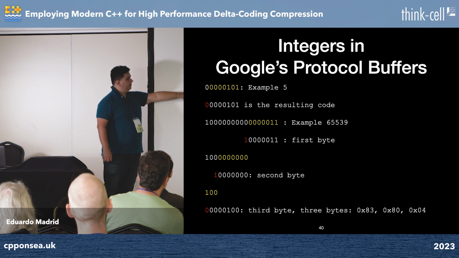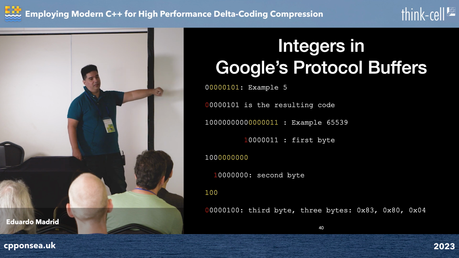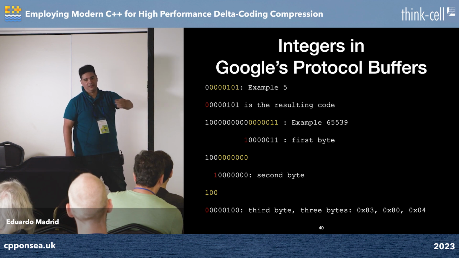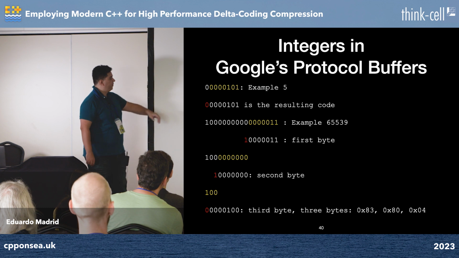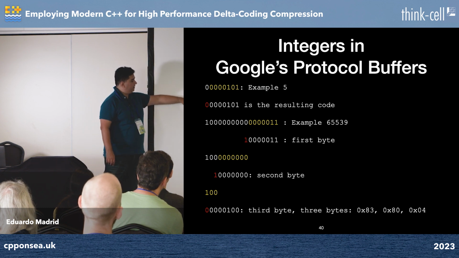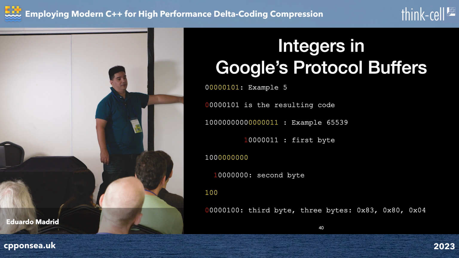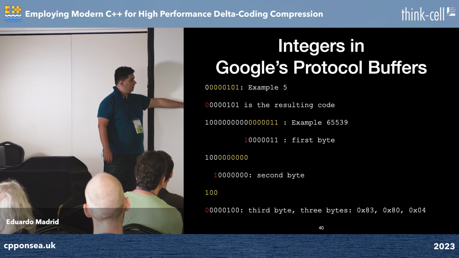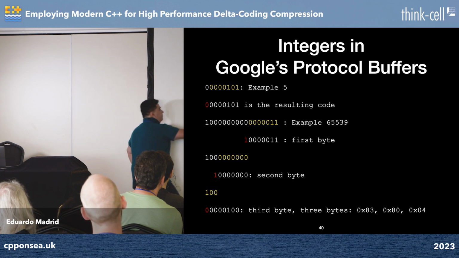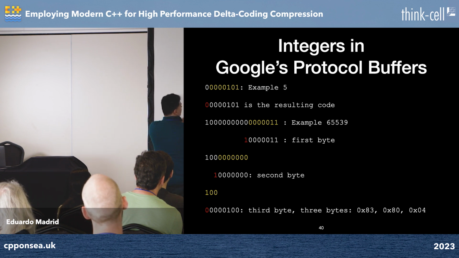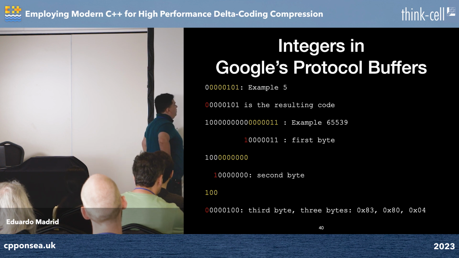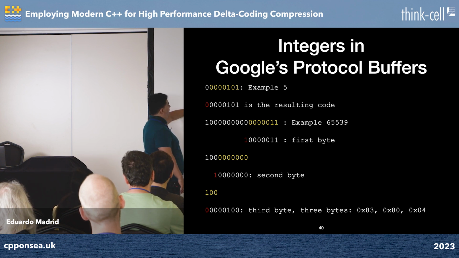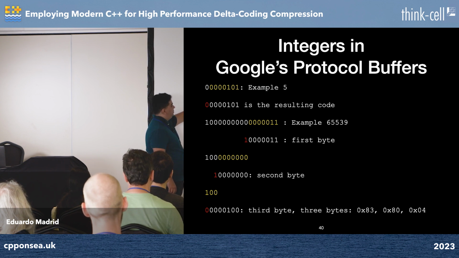Another example is 65,539, which is, by the way, 65,536 plus 3. So it is a power of 2 plus 3. If I counted the number of zeros correctly, it is this. And you can copy those 7 bits to the first byte. But obviously, this segment of the input of the more significant bits cannot be encoded in the first byte.